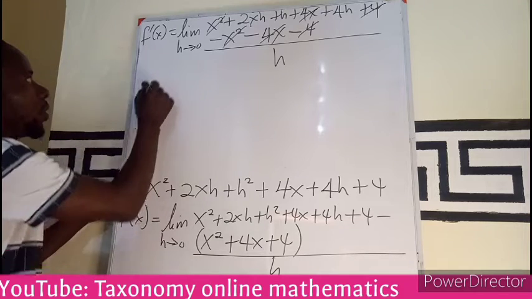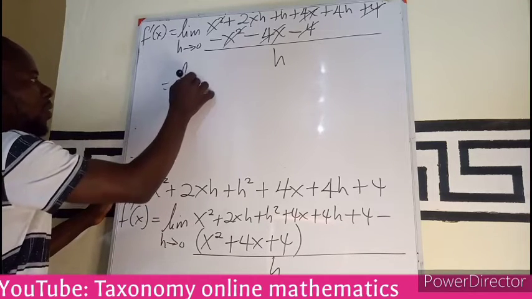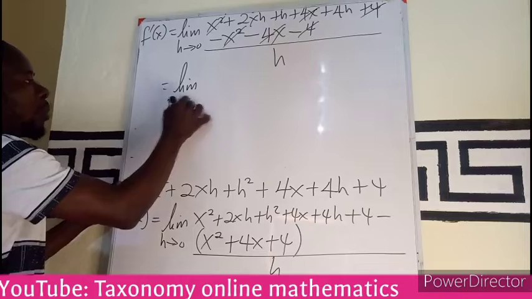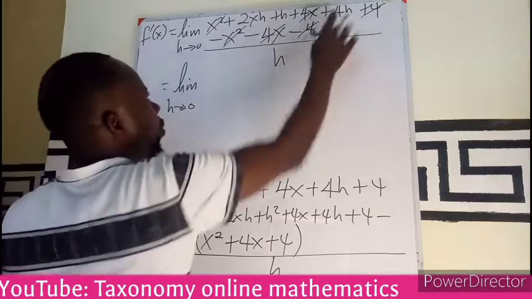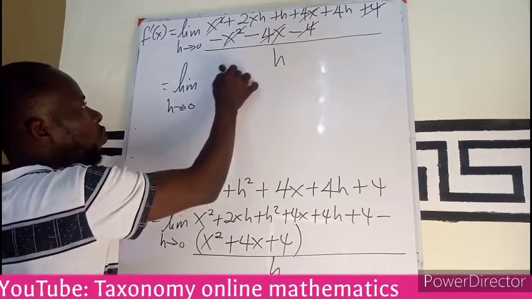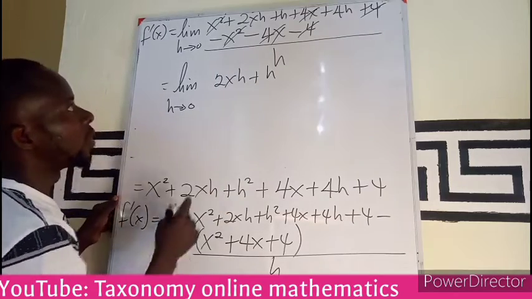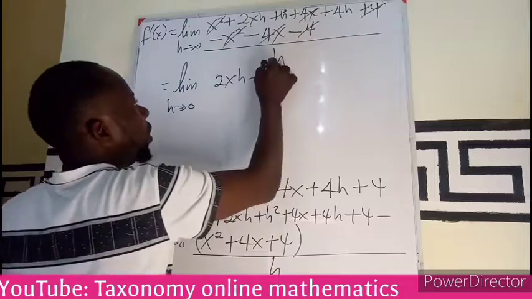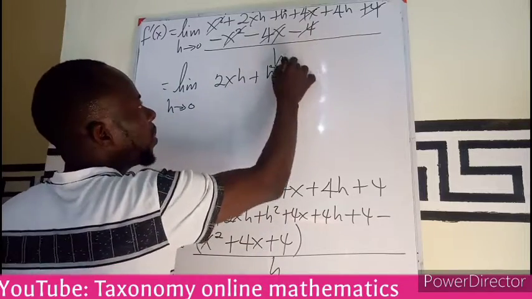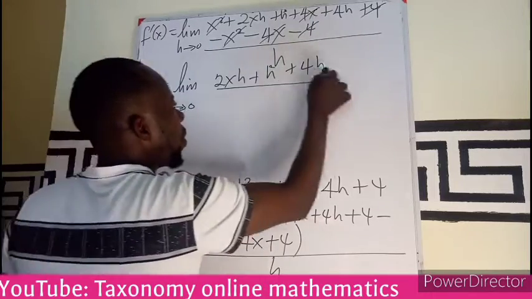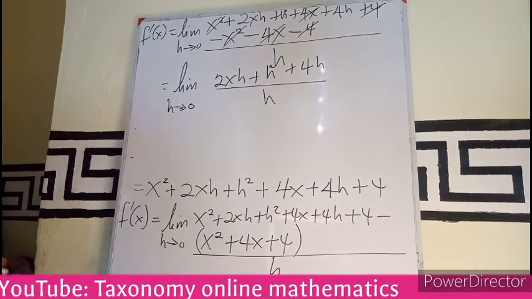So in all, you'll be left with only the limit as h approaches 0. The numerator becomes 2xh plus h squared, then plus 4h, all over h.